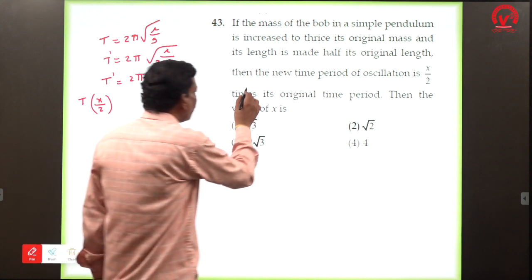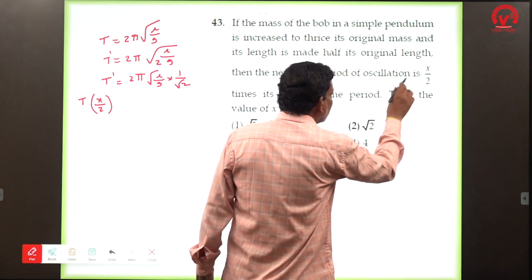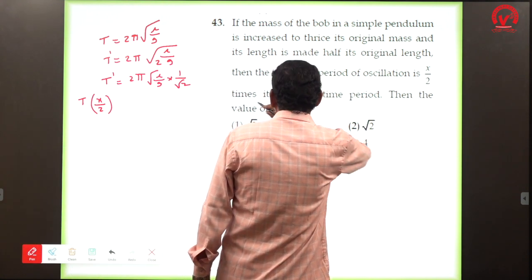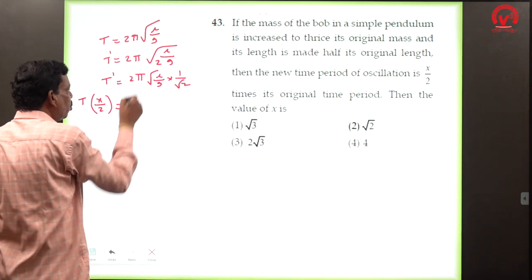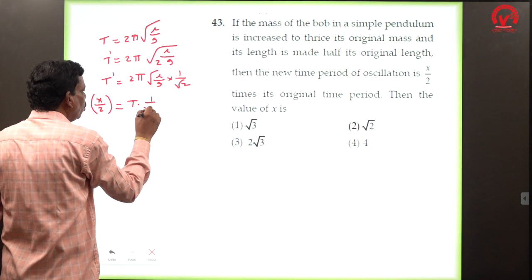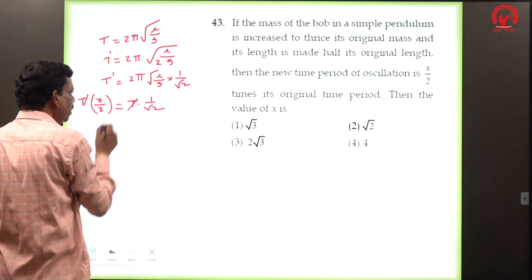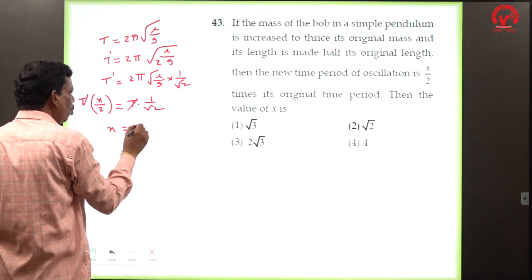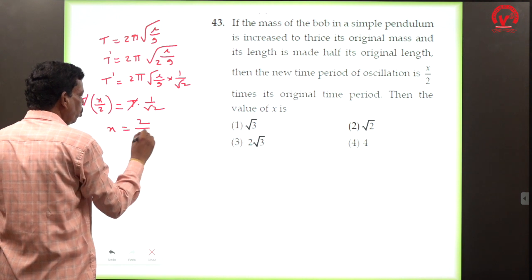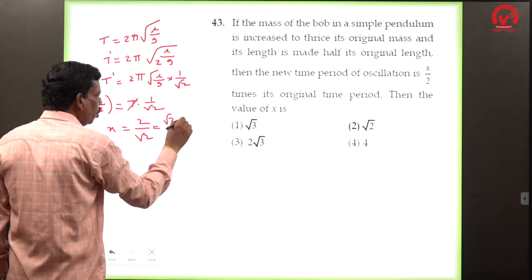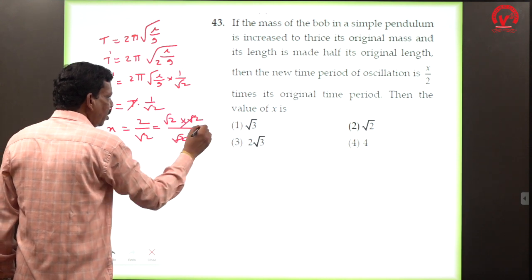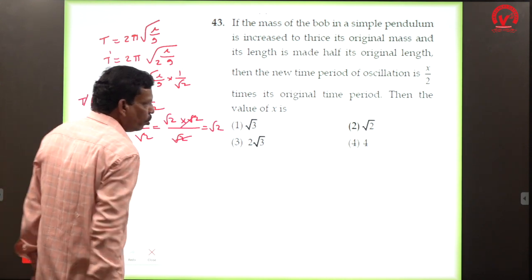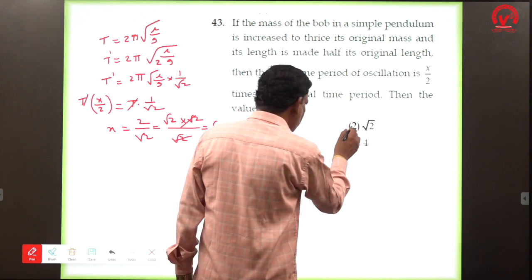What they ask here? The new time period of oscillation is x by 2 times the original. Original we take T, no? It is also T into 1 by root 2. T gets cancelled. Send here. x is equal to 2 by root 2, that equals root 2 into root 2 by root 2. Cancel. x is equal to root 2 is the correct answer.